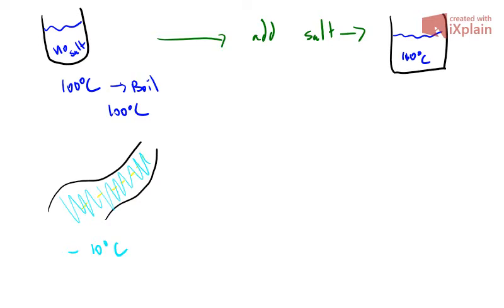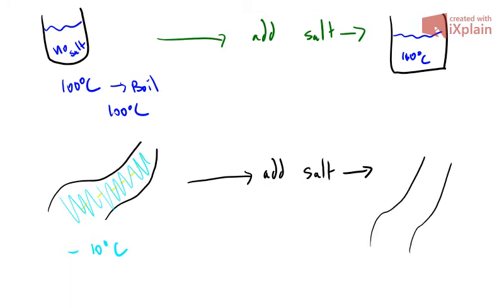Then we add salt, and our road is now puddles of liquid water at negative 10 degrees Celsius.